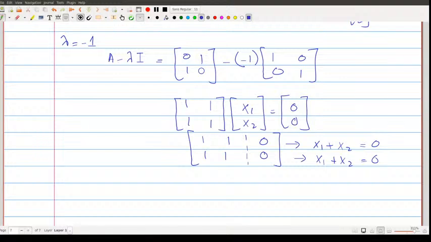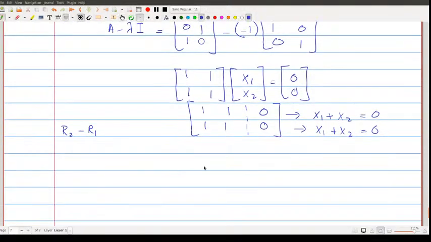So I was saying that these are really the same equation. You can eliminate the entire second row and it will give you 0, 0, 0. You can do R2 minus R1 and you just get 0. So the equation really is x1 plus x2 equals 0. What does that tell us? That tells us that x1 is negative times x2.